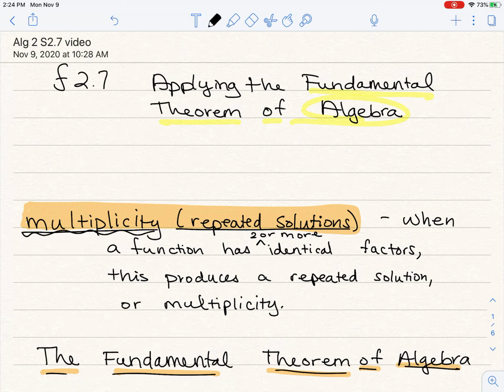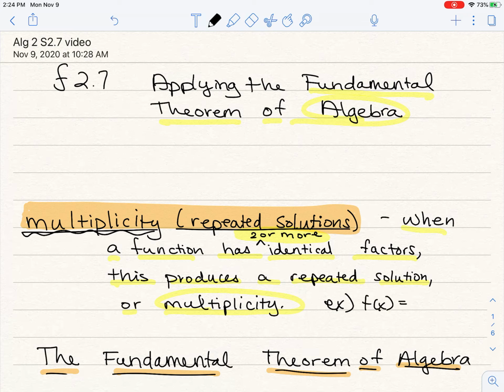This key term is called multiplicity, which is just another way of saying that there are repeated solutions. So when a function has two or more identical factors, this produces a repeated solution, or something we call a multiplicity.